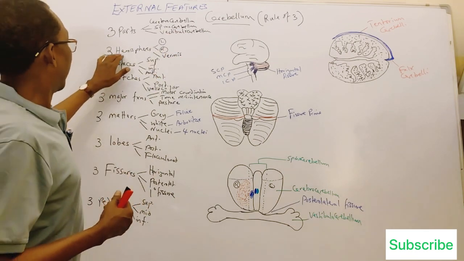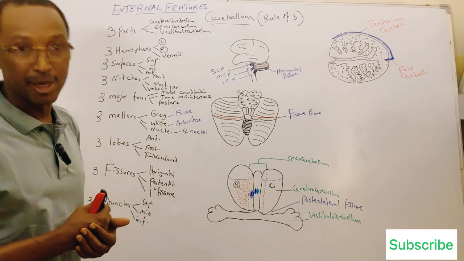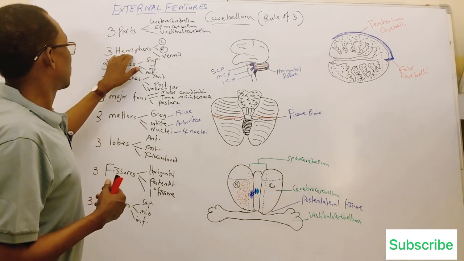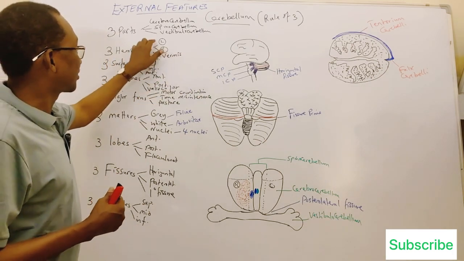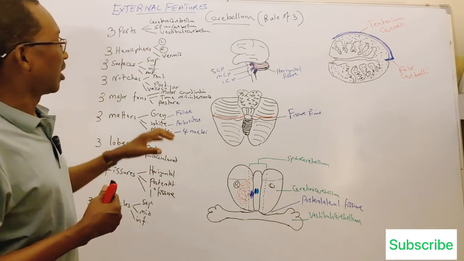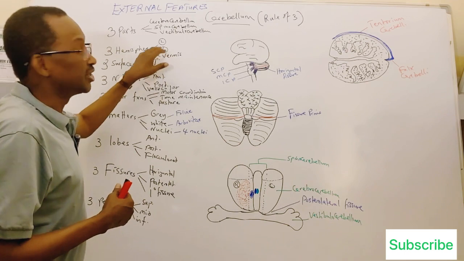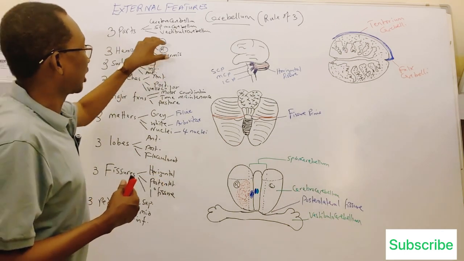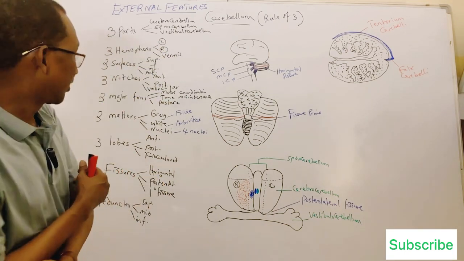So cerebellum has 3 hemispheres. We have 2 cerebellar hemispheres, left and right, and the last one is the vermis. Even though vermis is not a hemisphere, for easy understanding, I put it as part of the hemispheres.